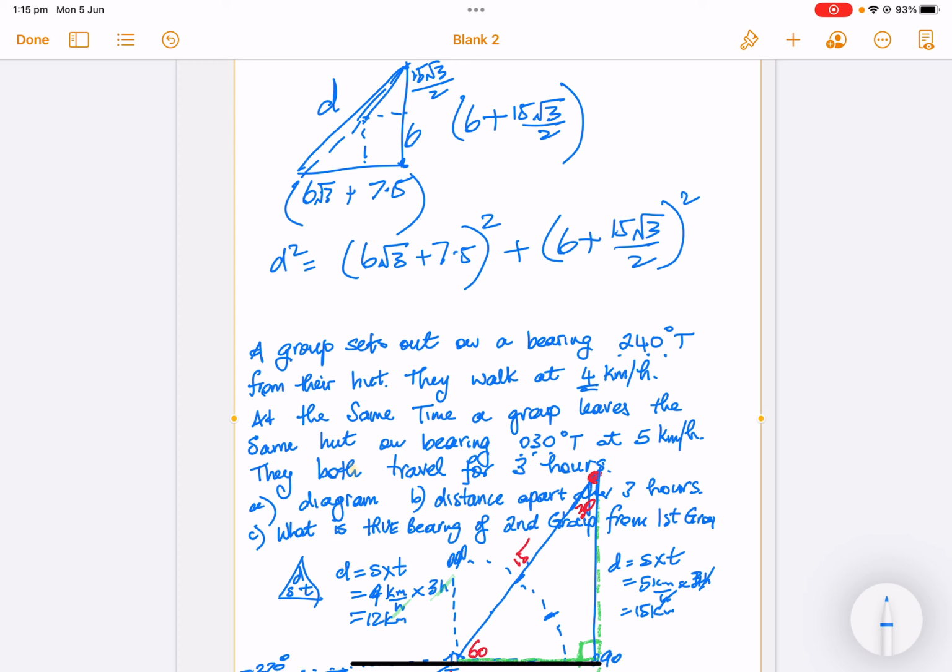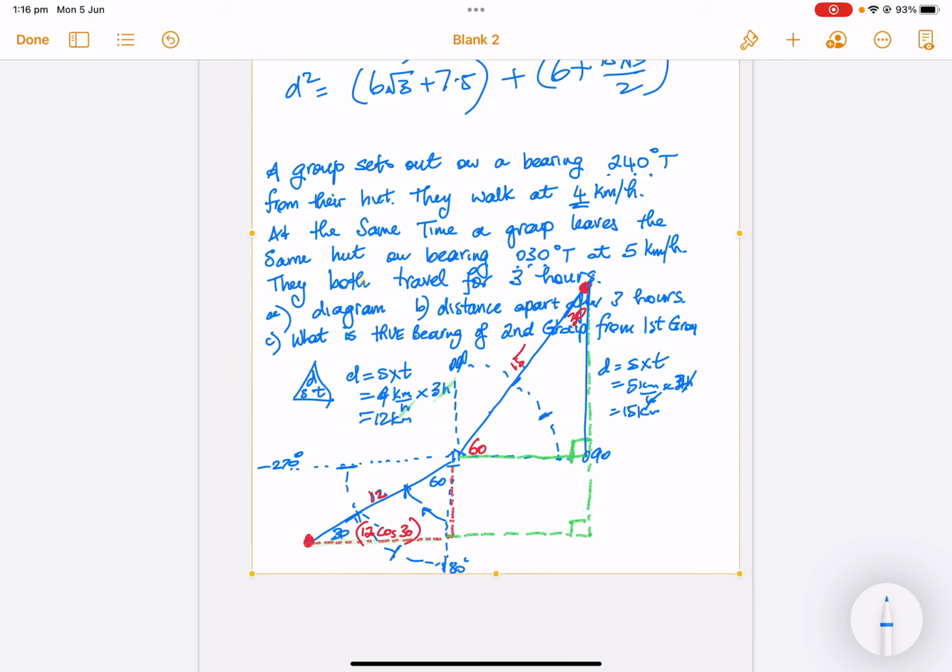It'd be crazy if you needed to go any further than that for a question like this. And if it's a non-calculator, we'd have to know the bearing of the second group from the first group. So we'd have to know this angle here and take it off 90 degrees because that's 090.